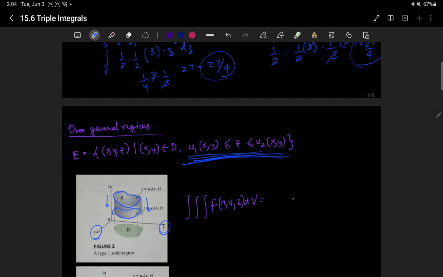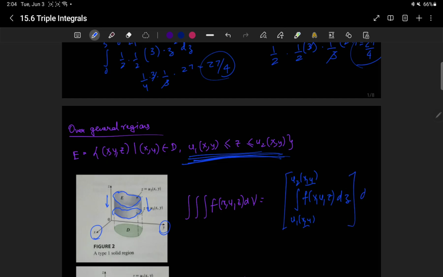Here we are going to do the dz part first, going from u1(x,y) to u2(x,y). We integrate with respect to z and replace all the z terms with u1, u2, which is basically x and y.